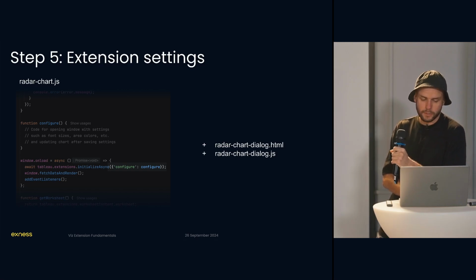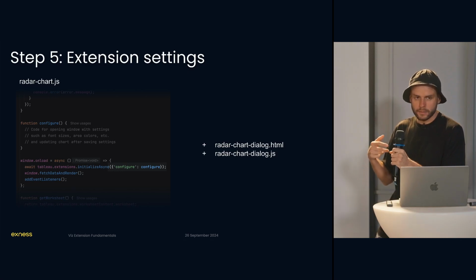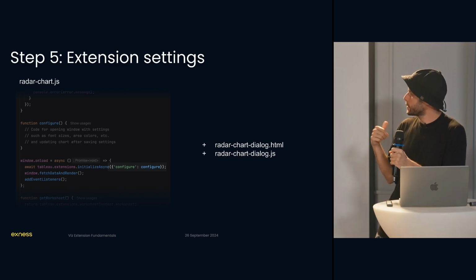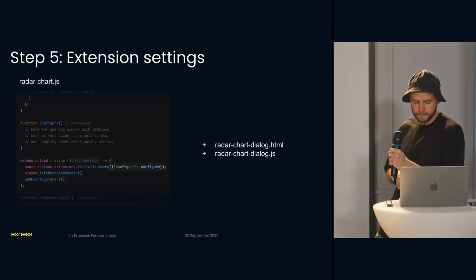I need to pass a configure key here with a function that will open a new window, show us the settings that we need, apply the settings and close the window. And I put the configure function here with a placeholder with comments. Plus this, we need to create a separate HTML file for this window and a JavaScript file, because we have a new window and we need to know how it looks and how it works.